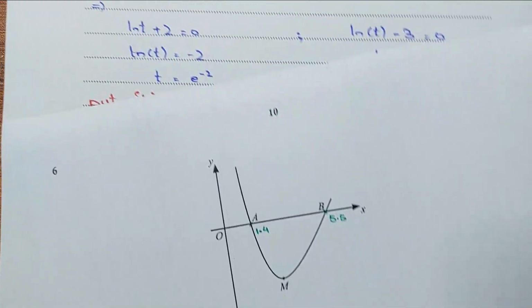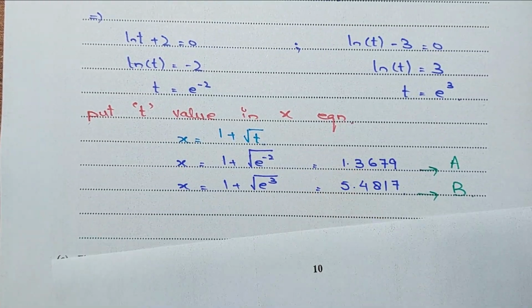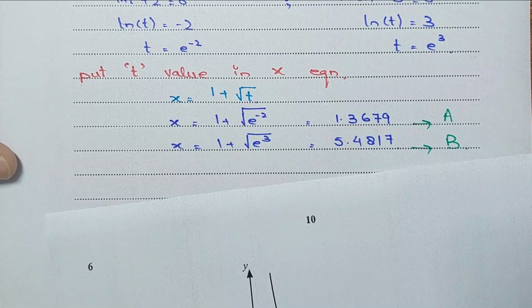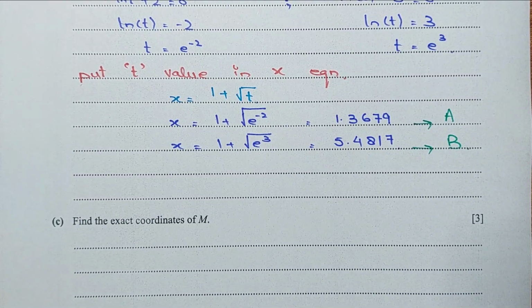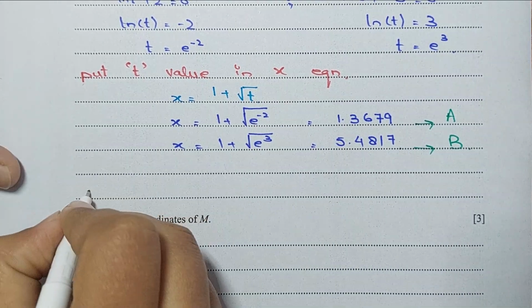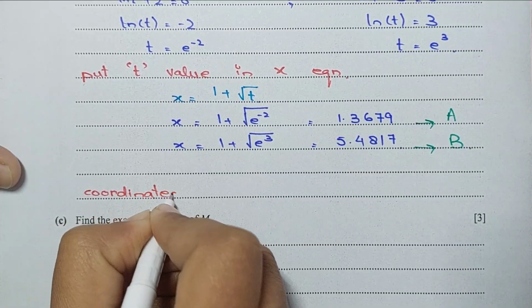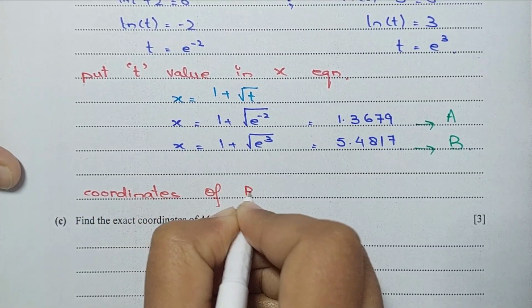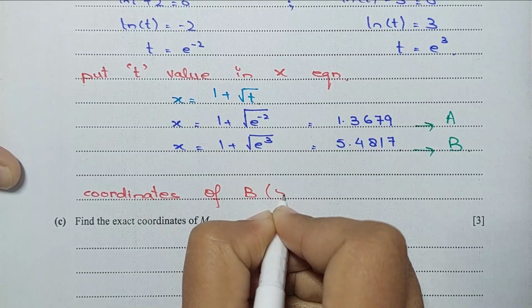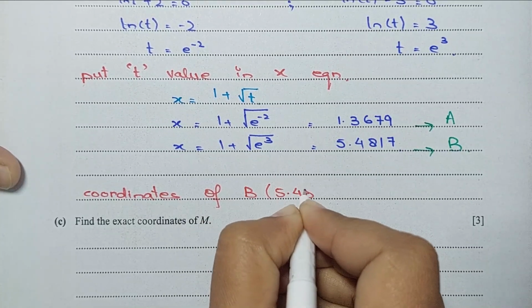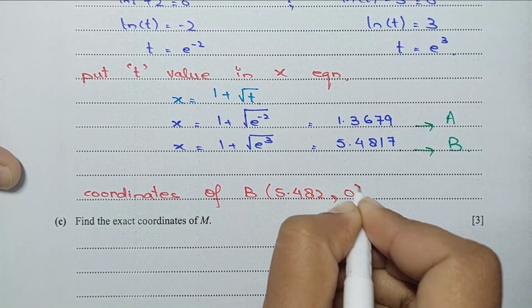This is 1.4 and 5.5, right? Now we have the coordinates of B. So we can write down the coordinates of B: the x coordinate is 5.482 and the y coordinate is 0.